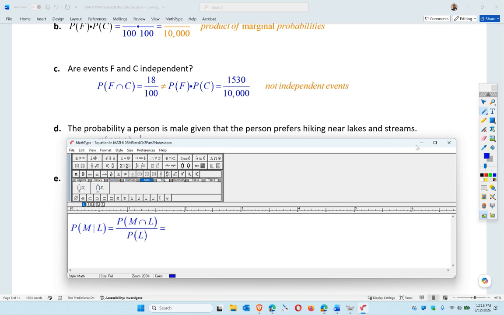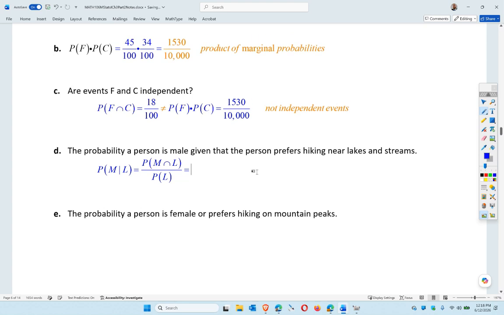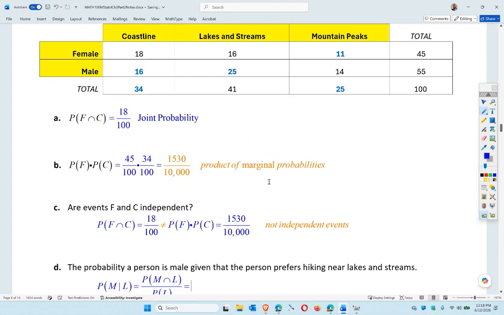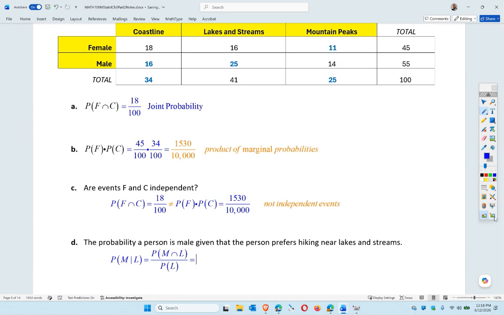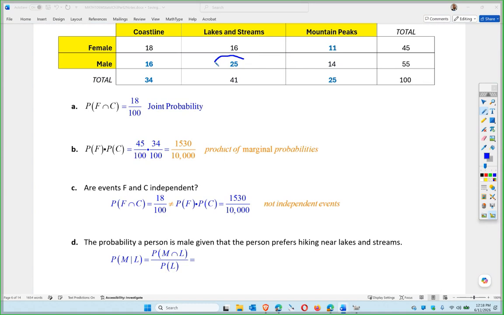Okay, so we have to go to those, essentially, right? So if we look up here in our table, let's make this a little bit smaller. Male and lake is a joint probability, right? So male and lake is 25 out of 100, correct? And then lake is a marginal probability, which is going to be 41 out of 100.